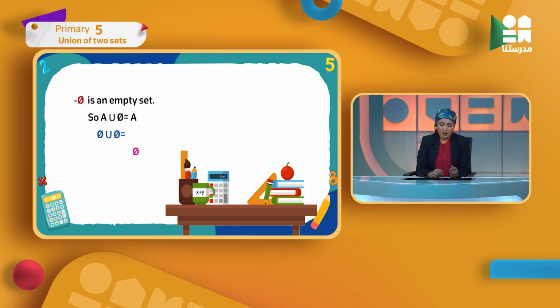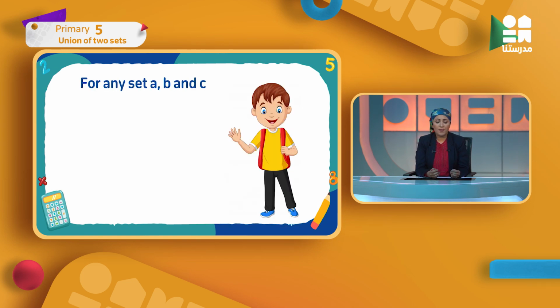Okay. Let's take an example for any sets A, B and C. Set A has the elements 1, 2 and 3. Set B has the elements 2, 3, 4 and 5. Set C has the elements 3, 6 and 7.